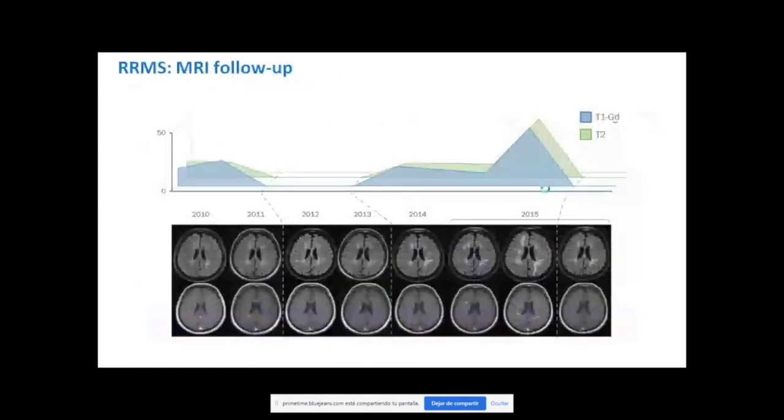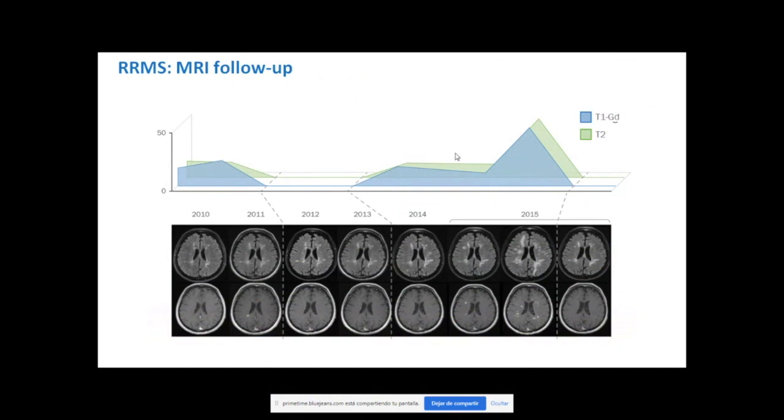So there is no doubt that MRI is the most important tool that we have for diagnosis and monitoring MS. In fact, we are quite good at assessing the focal inflammatory activity that characterizes this disease. And MRI is commonly used not only in research and clinical trials, but also in clinical practice to assess the degree of inflammatory activity and the efficacy of the different disease-modifying treatments that we use in clinical practice.